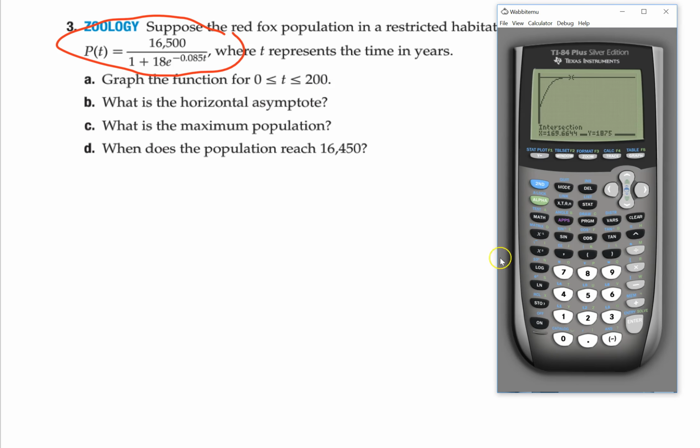So in our calculator, let's go back, let's delete some of this, and type in our new equation. Easier, delete. Okay, there we go.